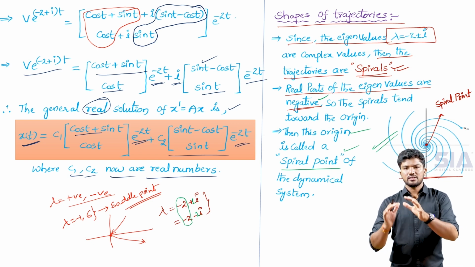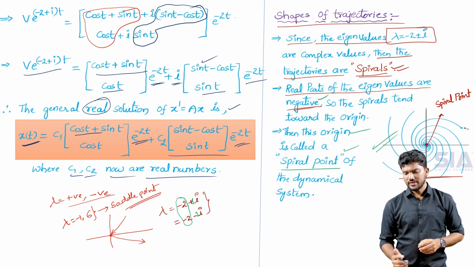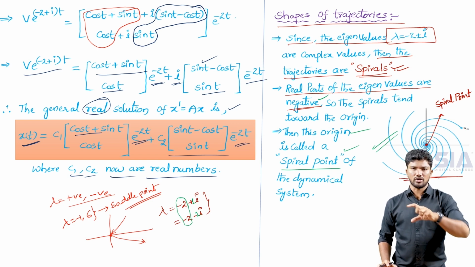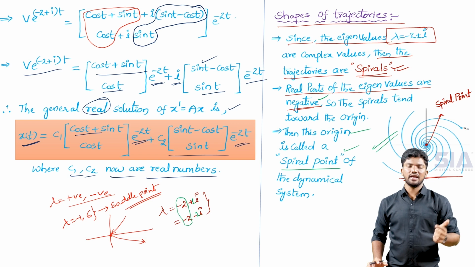Whenever you get only complex eigenvalues, a spiral point will occur. This is the difference between complex eigenvalues and real eigenvalues.